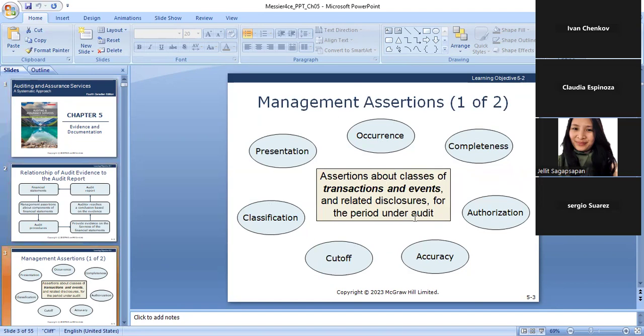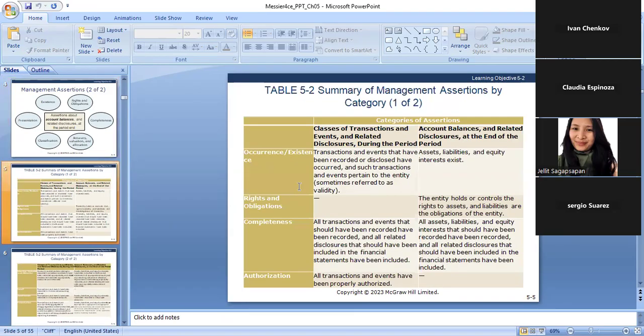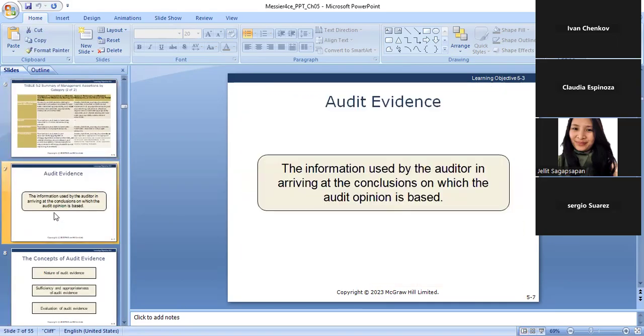So we're going to check the management assertions. Again, we start talking about the assertions level with the transaction events that we already talked about and I showed you today. Then account balances. We're going to go again about the level of assertions that we have to do. We're going to repeat those levels of assertions to start gathering the audit evidence.